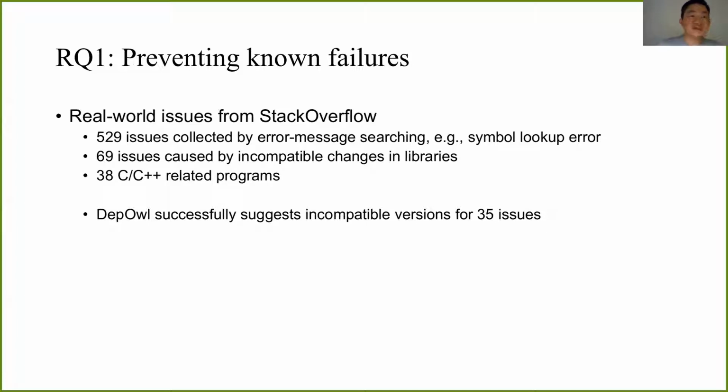We first collect more than 500 issues by searching error messages like symbol lookup error. Then we manually analyze the root causes of these issues and find that 69 issues are caused by incompatible changes in libraries. Among them, 38 are C or C++ related programs, while DepOwl can suggest incompatible versions for 35 of them.